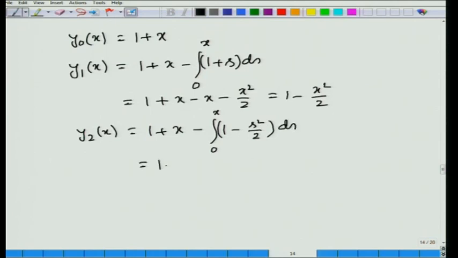So this will be 1 + x − x + x³/3!, which is equal to 1 + x³/3!.